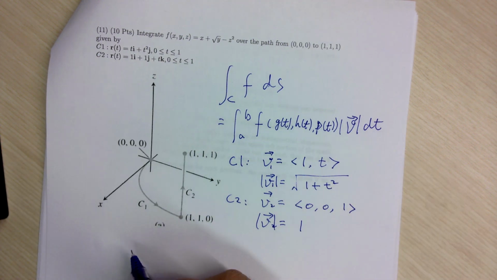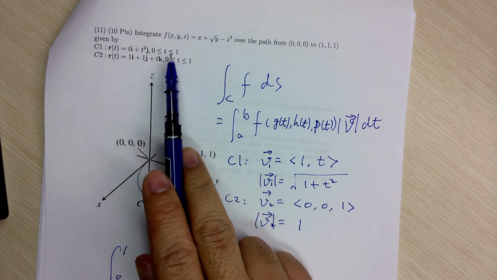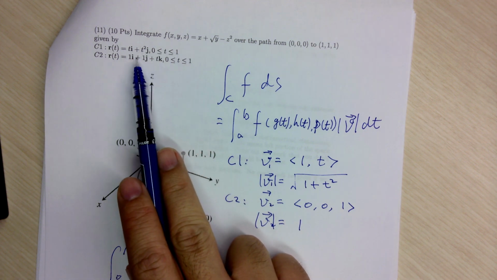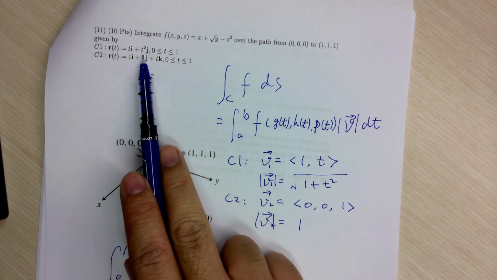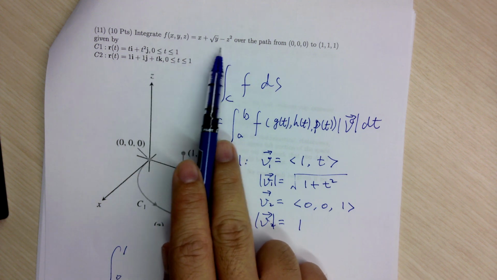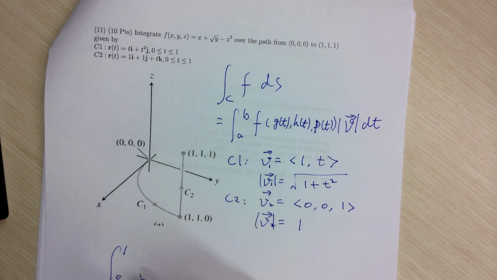So what we can do here is, from 0 to 1, for the C1 part, you can see x equals t, y equals t squared, right? And then z equals 0, so it's going to become t, plus square root of t squared minus 0, and then square root of 1 plus t squared, and dt.